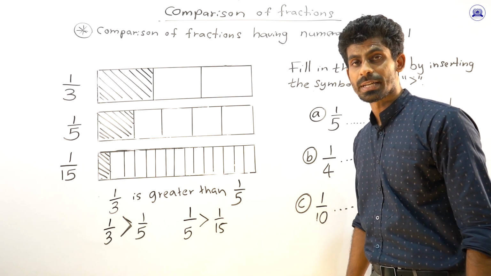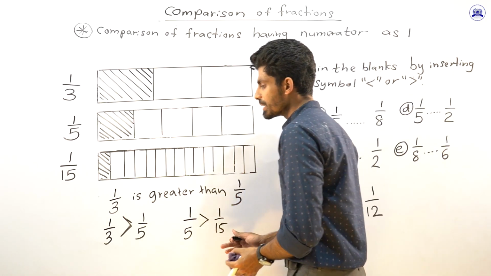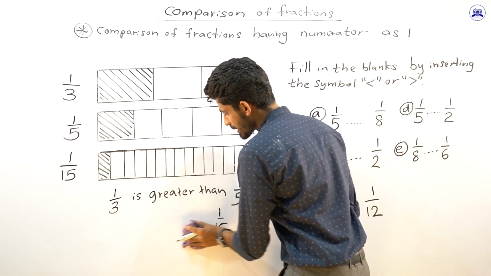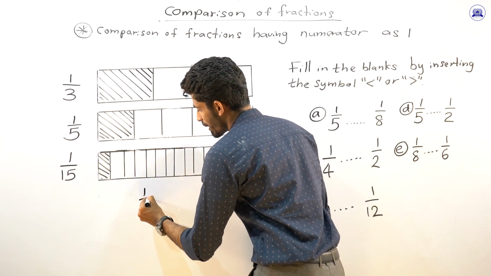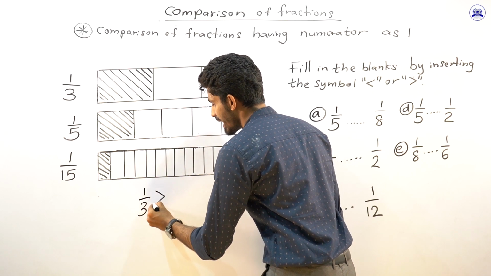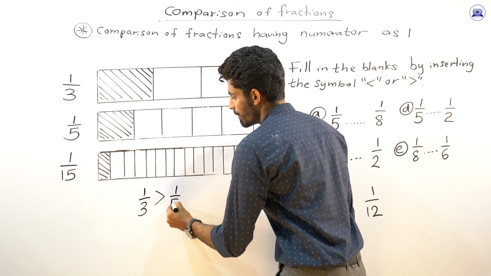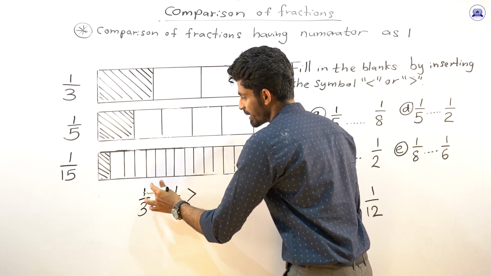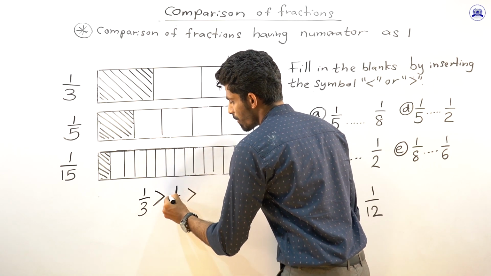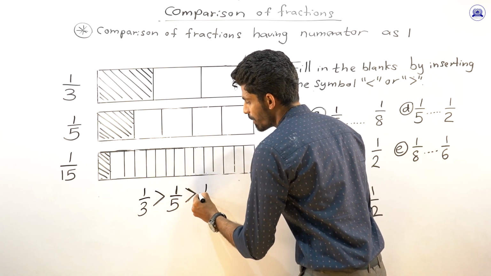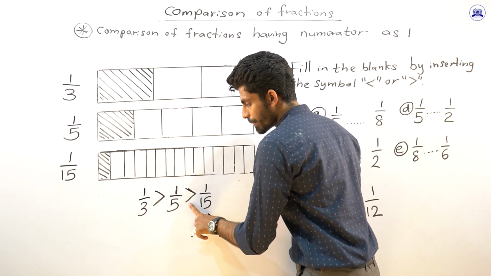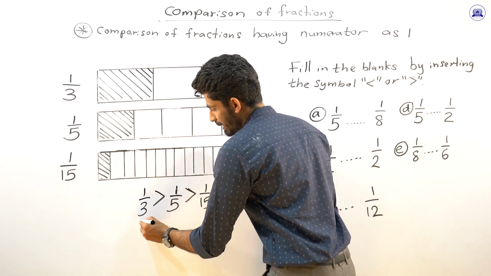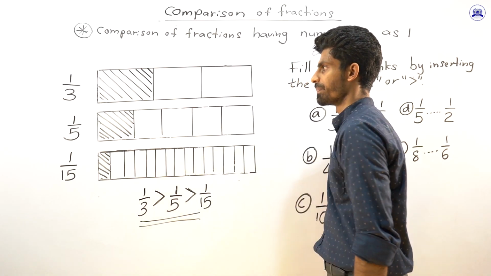All together, we can write a common statement: 1 over 3 is greater than 1 over 5, which is greater than 1 over 15. This is the order.